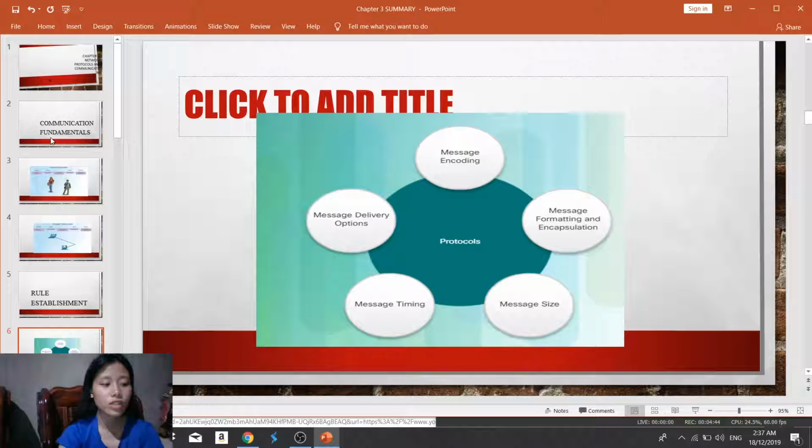For message timing, there are rules of engagement: the access method, flow control, and response timeout. The access method determines when someone is able to send a message. If two people talk at the same time, a collision of information occurs, and it is necessary for the two to back off and start again.